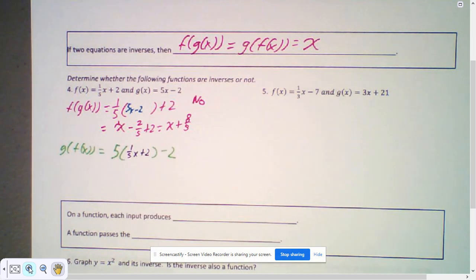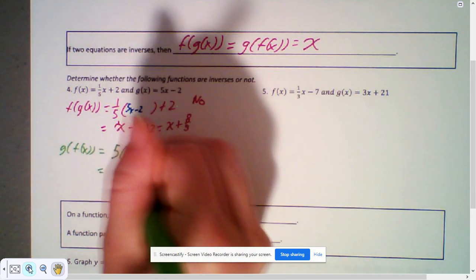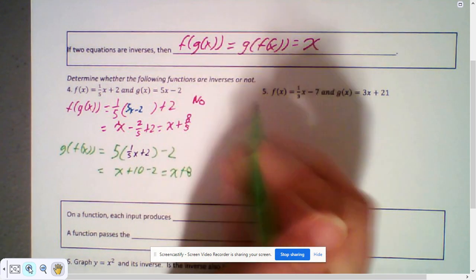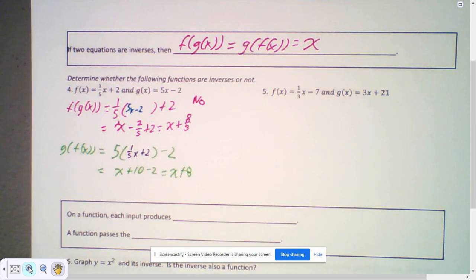So I'm going to get x plus 10 minus 2, which is x plus 8. So because they did not simplify to just x, I know they're not inverses.